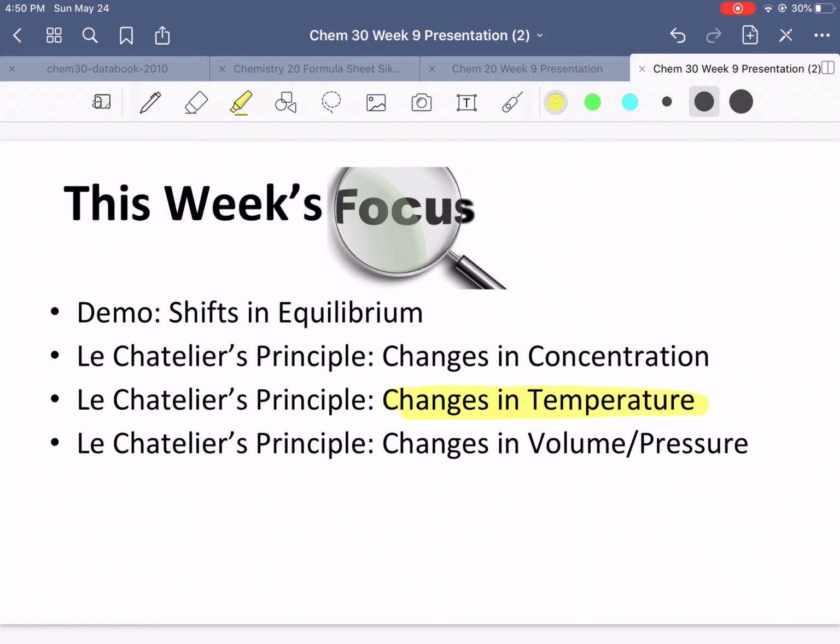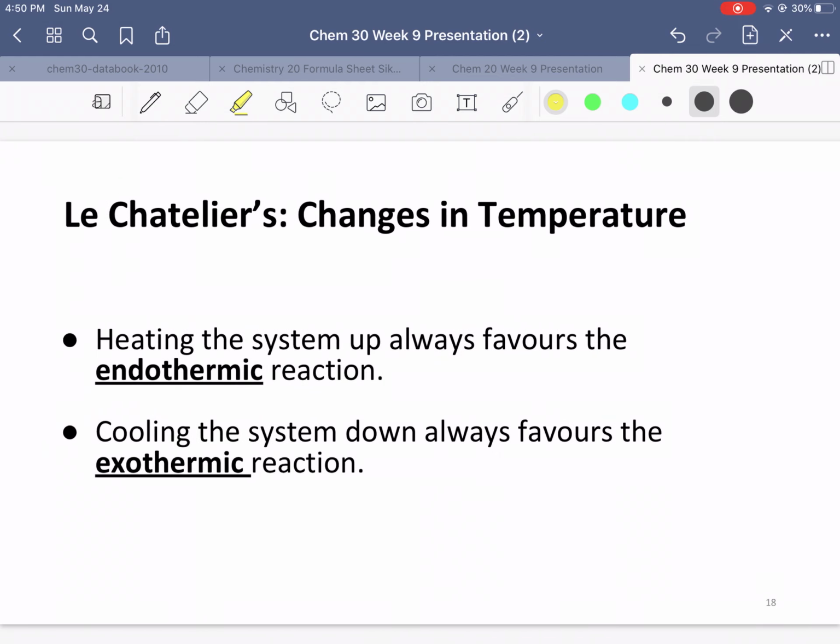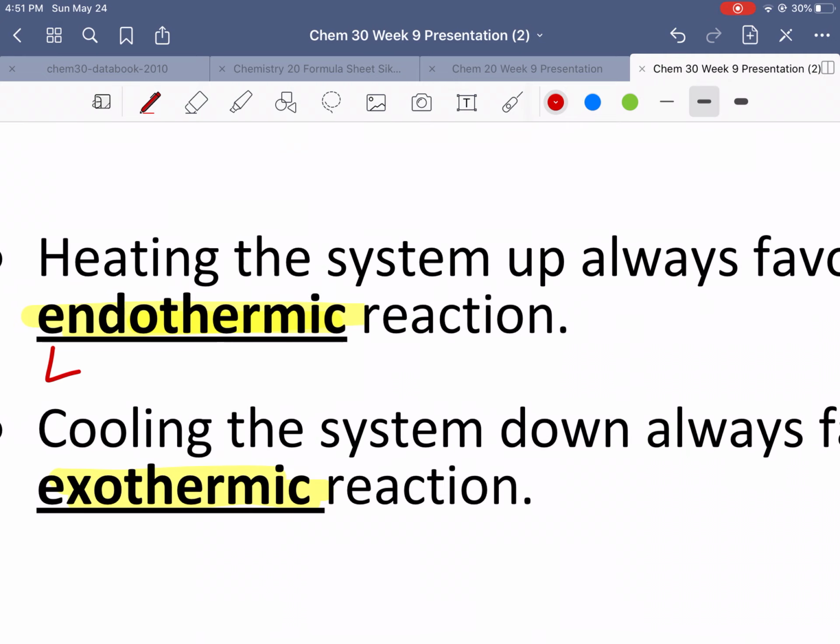And I want you to think back to Unit 1 in the context of temperature, because this is going to work into, of course, an endothermic reaction versus an exothermic reaction. I want to remind you of a few things in relation to this. With an endothermic reaction, we have energy, like our enthalpy change, as a reactant.